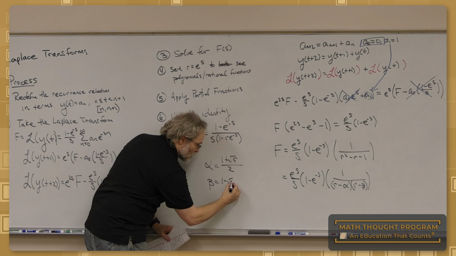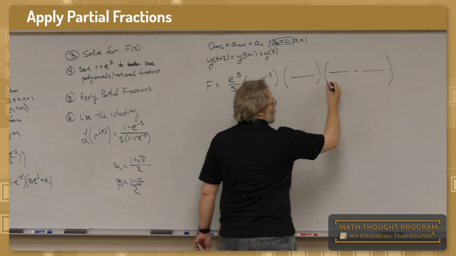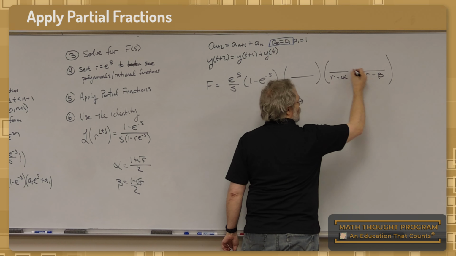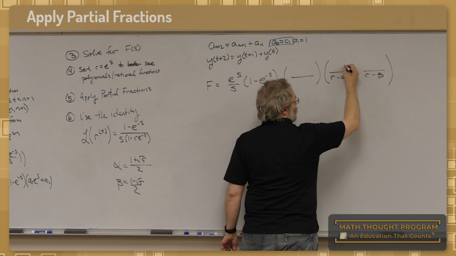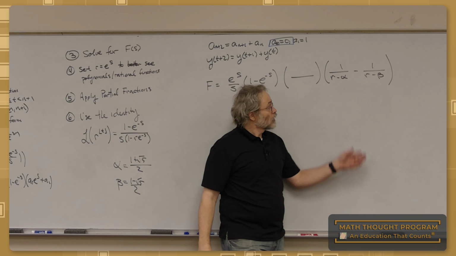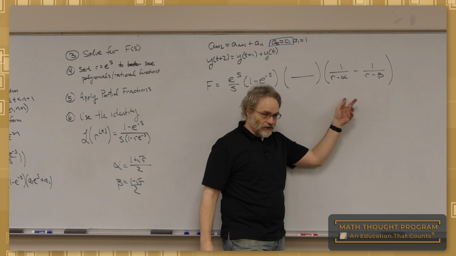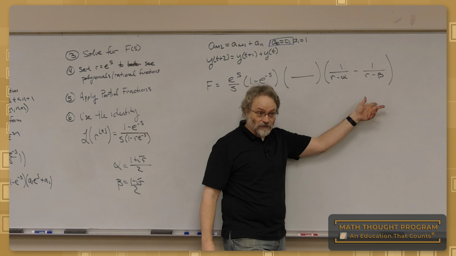Now, when you take this and you split partial fraction decomposition, the way that this thing's always going to work, so it's always going to split like this. Okay, if you were to put the fractions back together, you would have negative beta plus alpha.